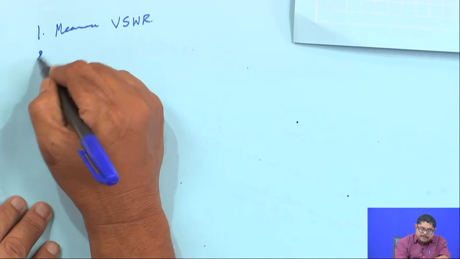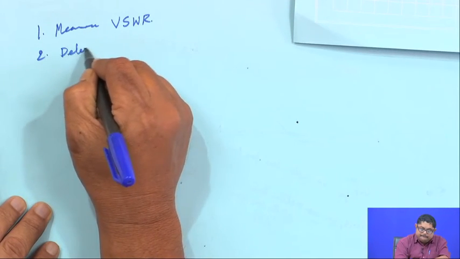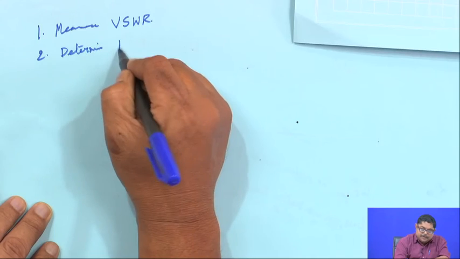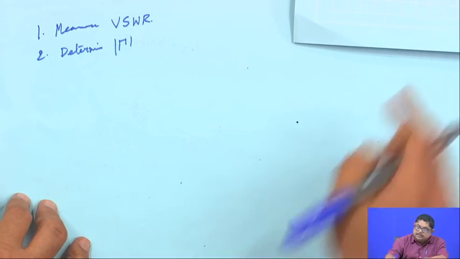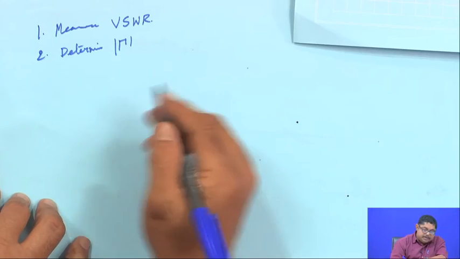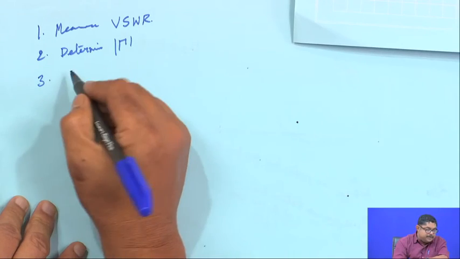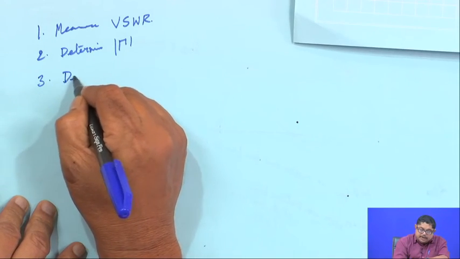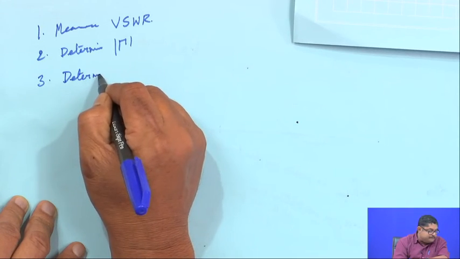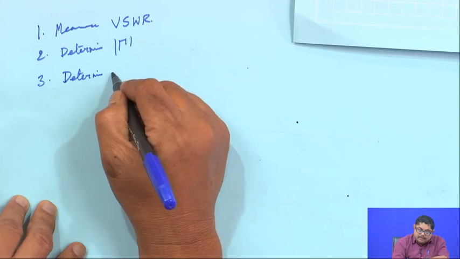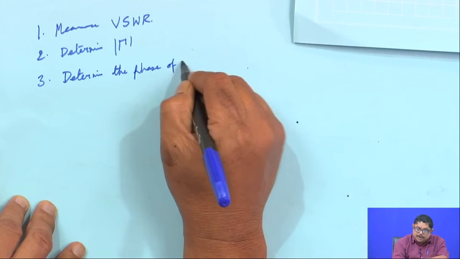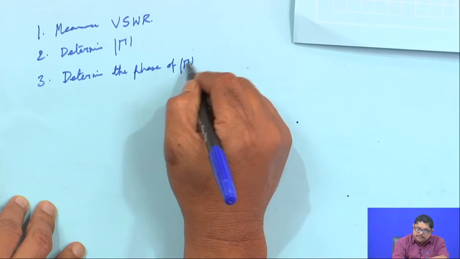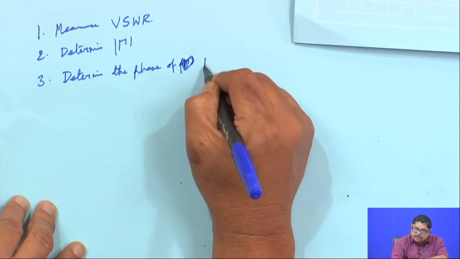Then from there you determine the magnitude of the reflection coefficient by this formula. Then you determine the phase of tau. How will you find the phase of tau?